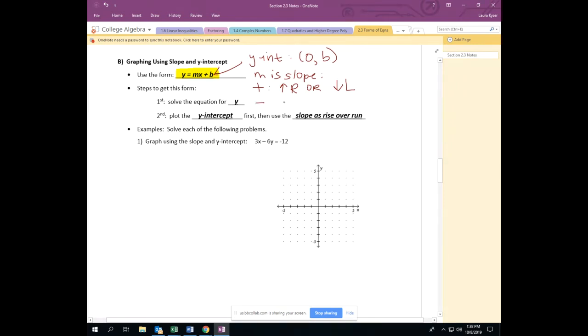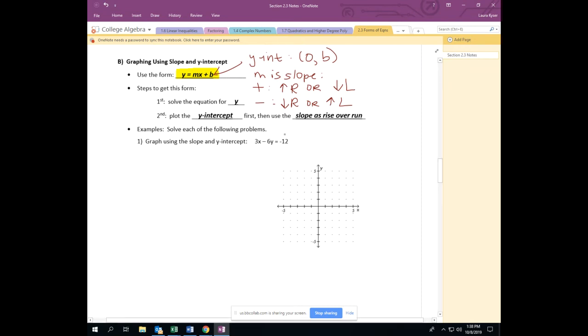If the slope is negative, you have to move down and to the right or up and to the left. Typically, I just do whichever one is easier and keeps me on the coordinate plane, because I don't want to go off the coordinate plane. So if I'm too close to the bottom, I want to go up. If I'm too close to the top, I want to go down. So these are the two different things that you could have and the different moves you can make.